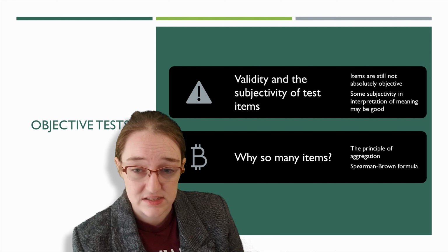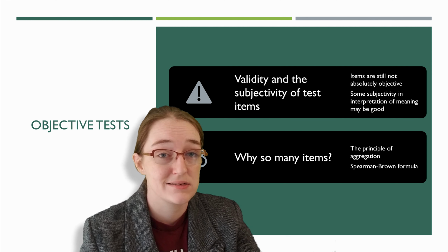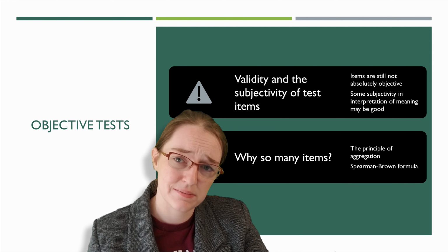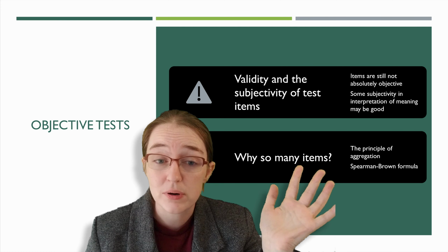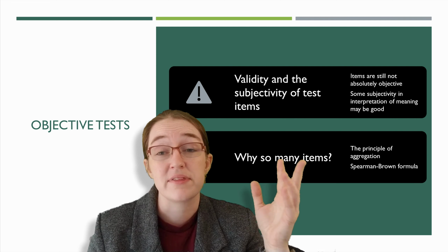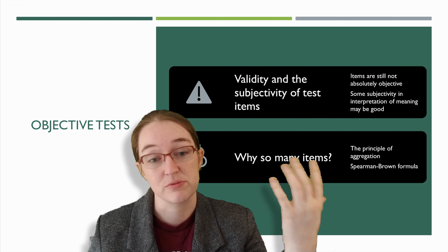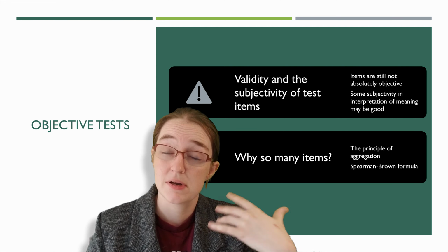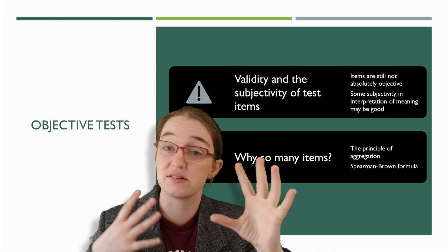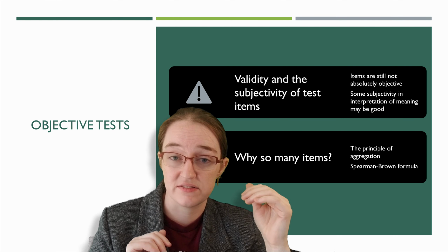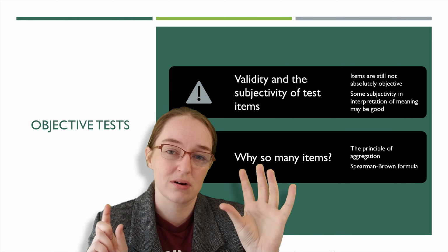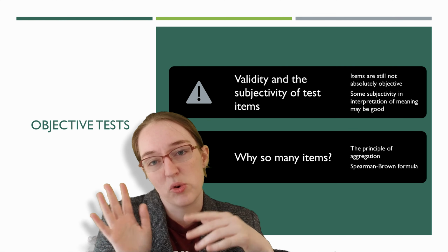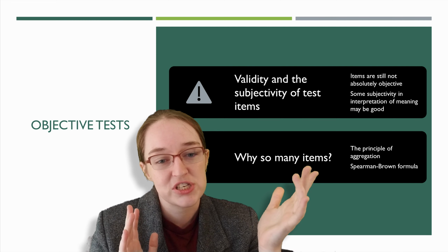And so because there's that subjectivity, we aggregate. I talked about this last time in the validity chunk about the Spearman-Brown formula and how that can calculate changes in reliability by adding more items. And so what we do is by adding lots of questions together, this kind of cooks out some of the weird subjectivity that might impact the score a little bit and make it a little more messy or less precise.